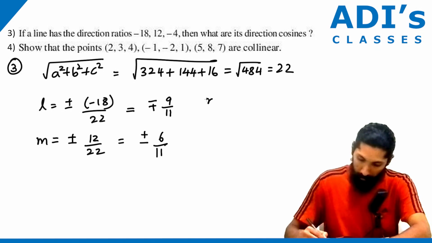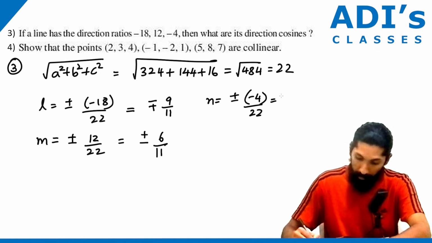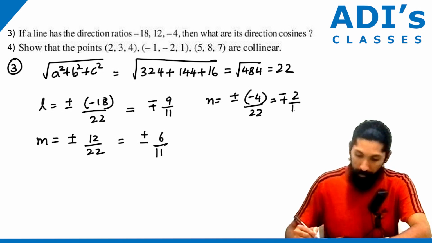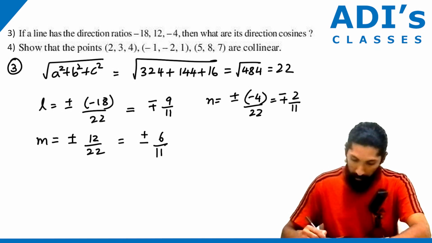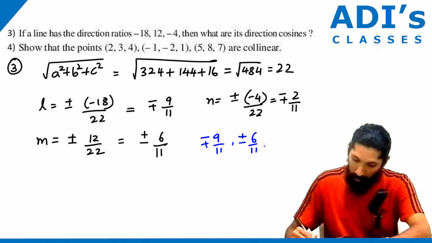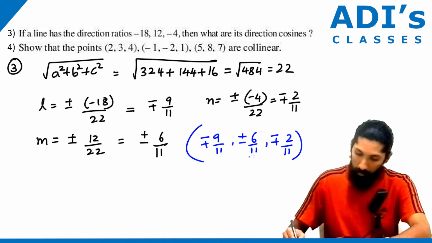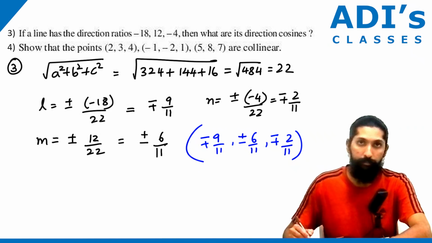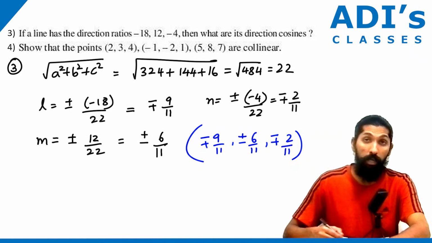Next, n value plus or minus 4 by 22, which becomes minus or plus 2 by 11. So final answer: minus or plus 9 by 11, plus or minus 6 by 11, again minus or plus 2 by 11. This is the answer for the third one. Clear? Let's do the last question now.